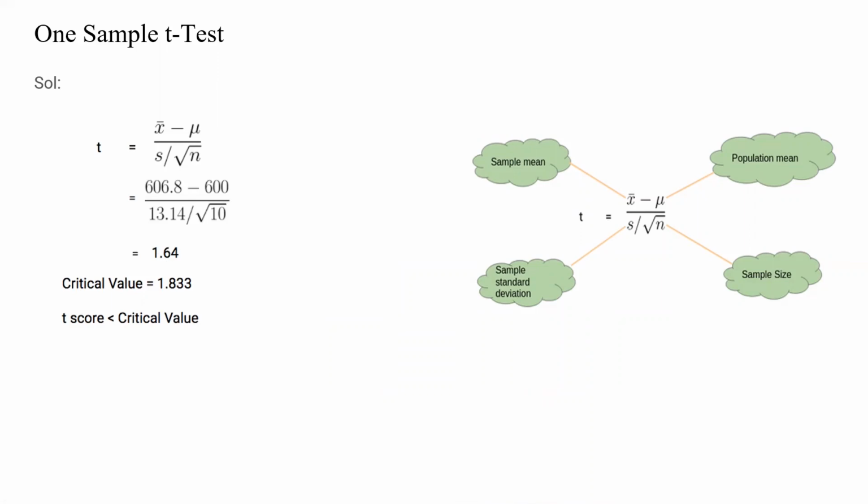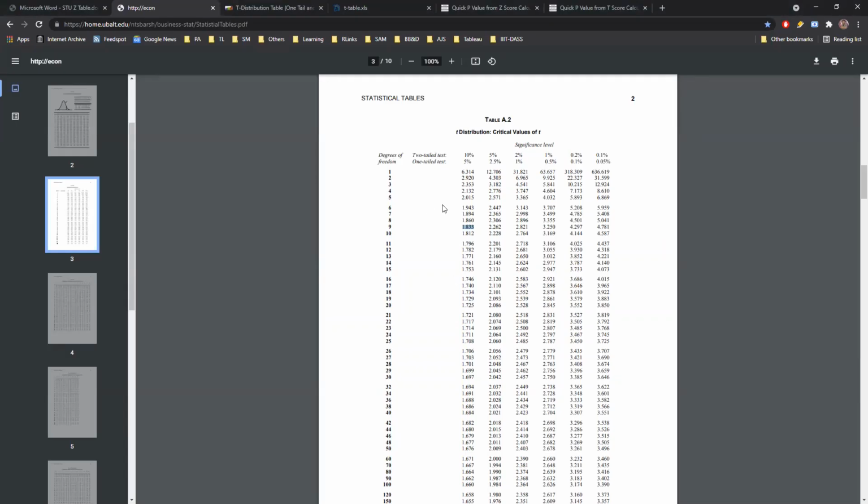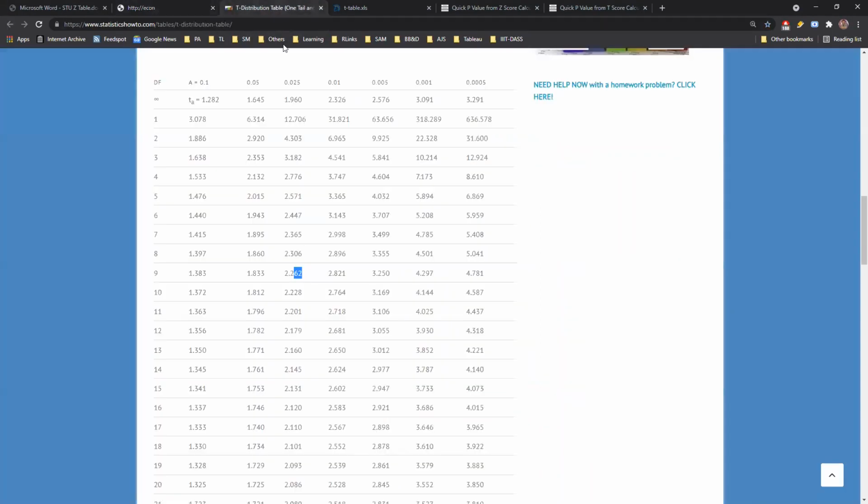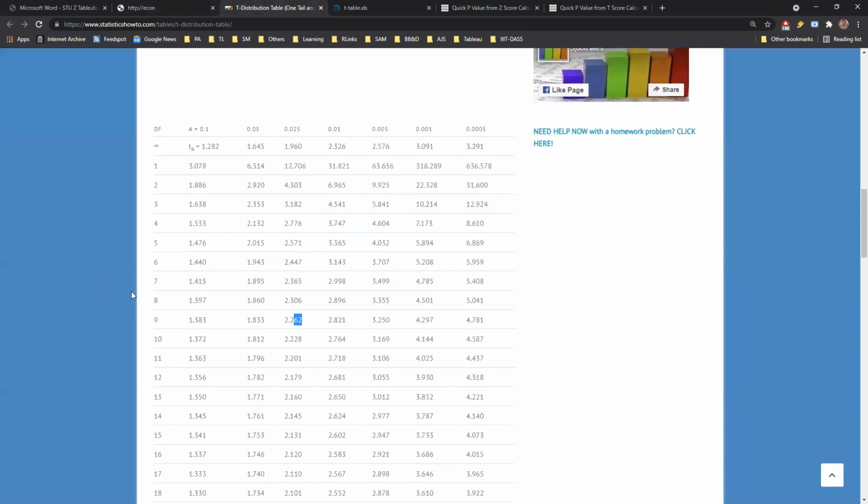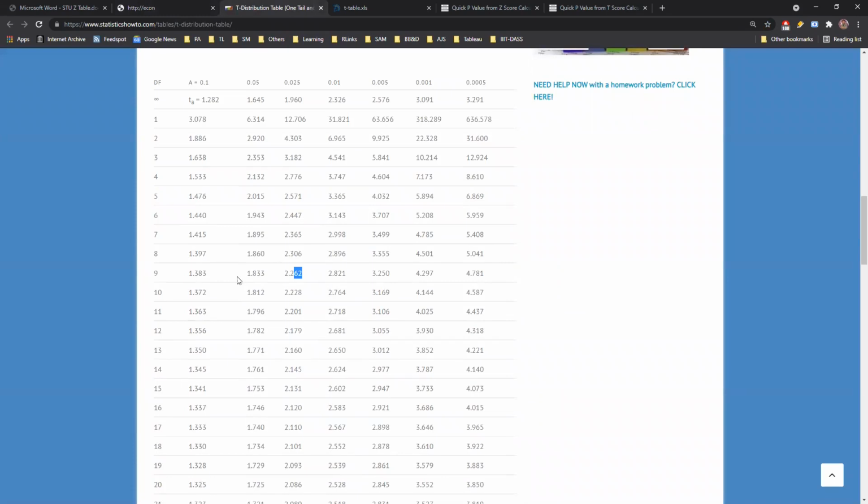Now let's see how to calculate the p-value from this t-value of 1.64, so that we are familiar with making decisions based on it. We need to find the degrees of freedom, which is 9. It's the same table; just for explaining purposes, I've switched here.